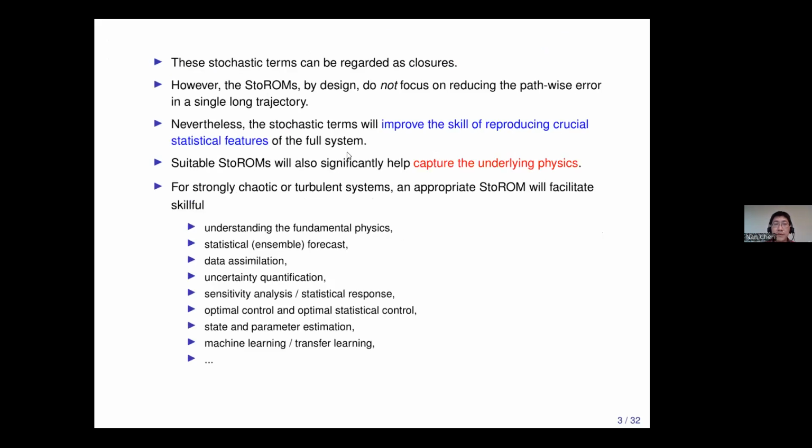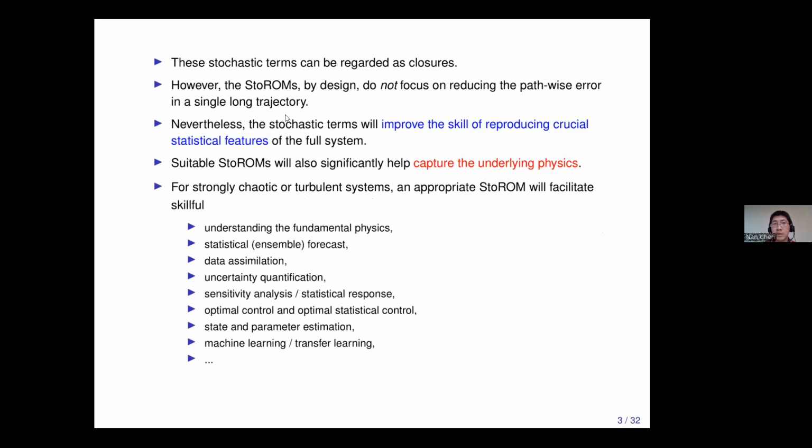If you still have no idea what these stochastic terms look like, you can simply think of them as closures, but stochastic closures, right? One thing I do want to mention is that these stochastic models, by design, do not focus on reducing the pathwise error in a single long trajectory.